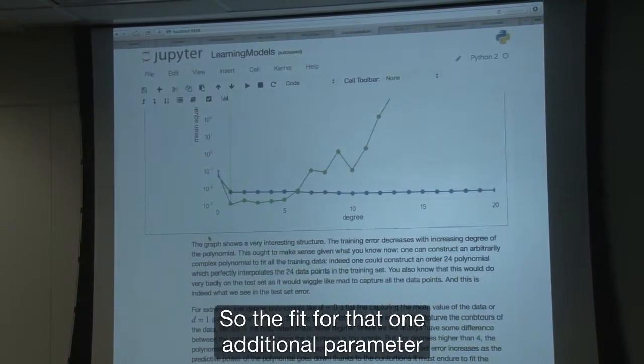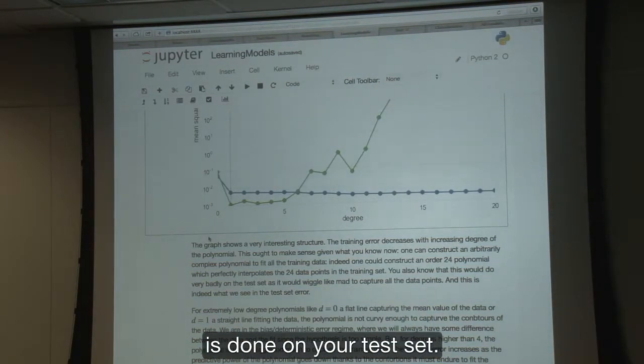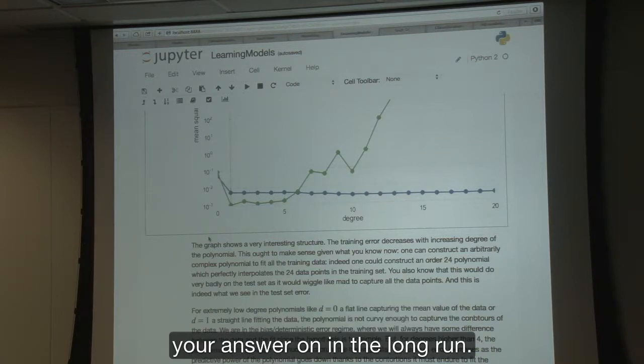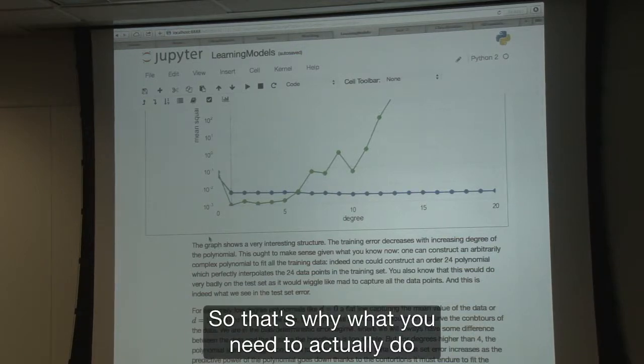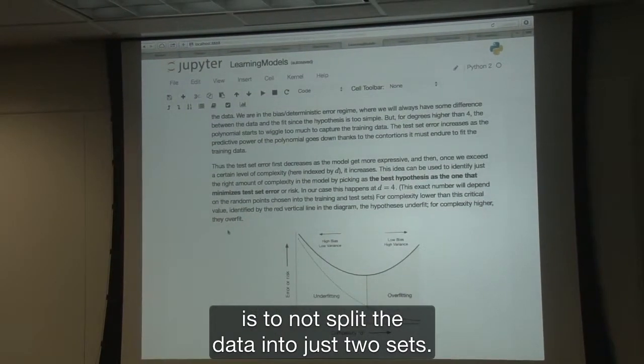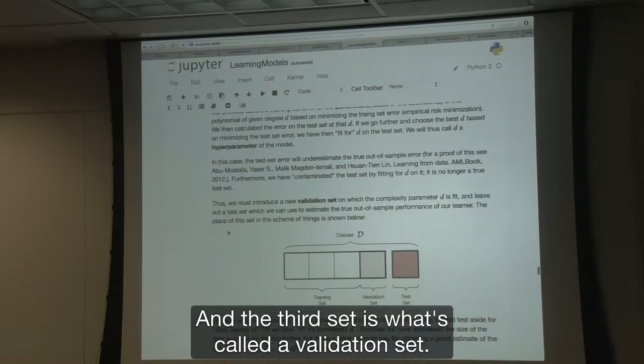The fit for that one additional parameter, the hyperparameter d, is done on your test set, which means it's really not a fresh piece of data to check your answer on in the long run. So what you need to do is not split the data into just two sets, but into three sets, and the third set is what's called a validation set.